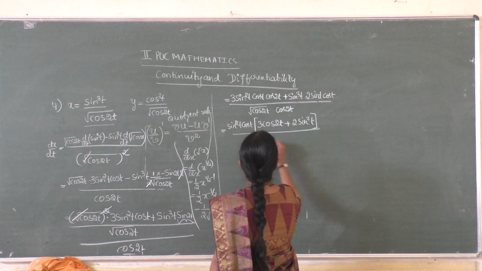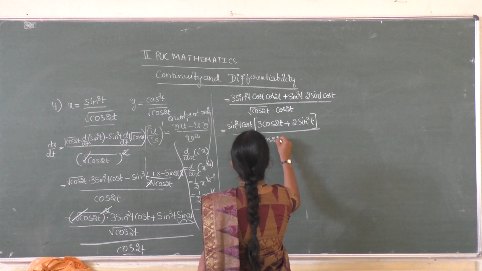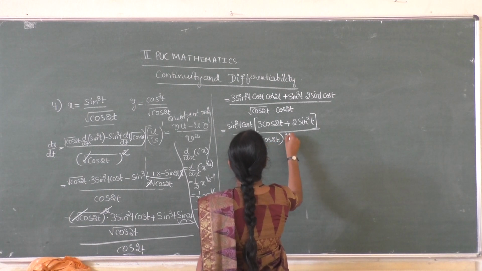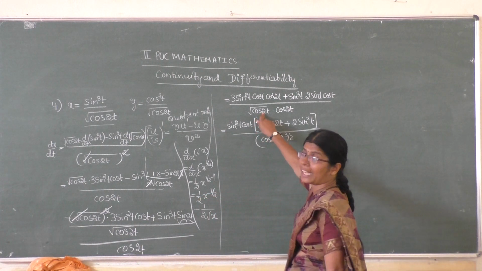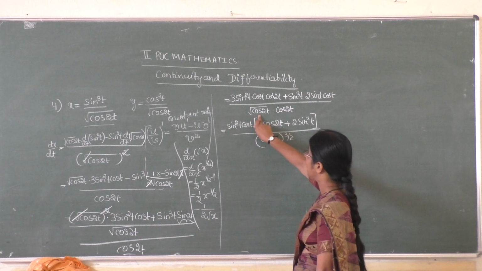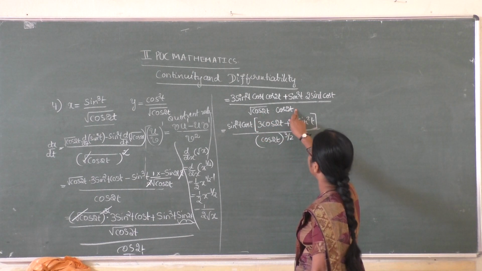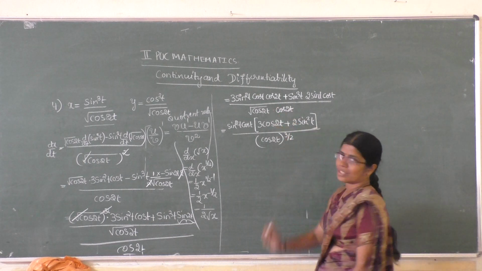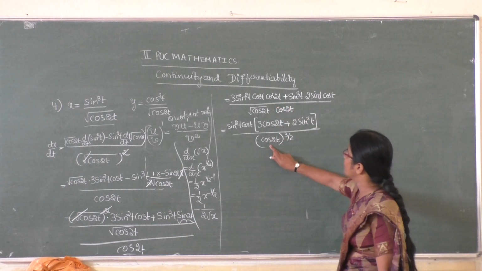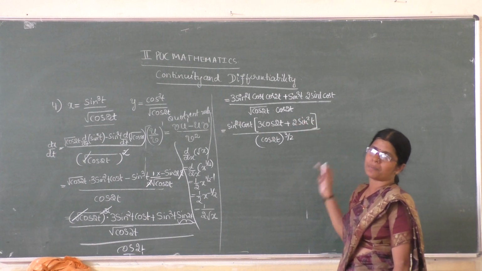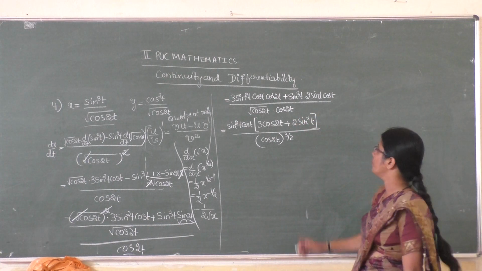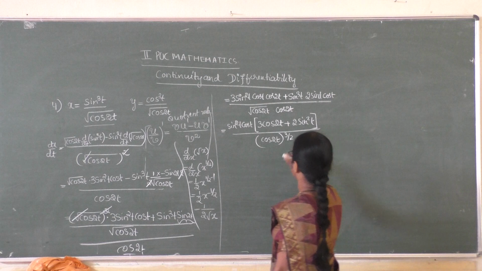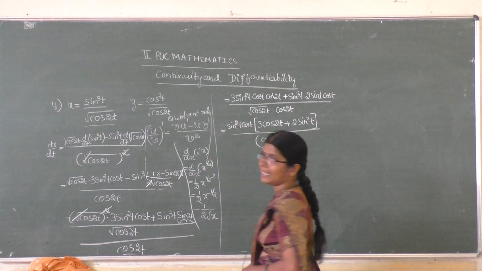So divided by cos 2t to the power 3 by 2, because here root cos 2t, suppose we have root, here power 1, so cos 2t into root cos 2t, therefore cos 2t to the power half plus 1, that is 3 by 2. We get this one, okay, that is dx by dt.